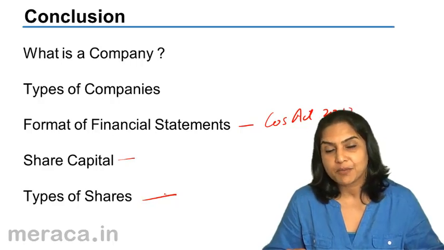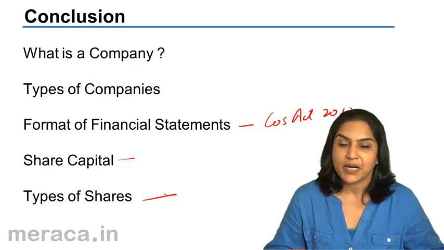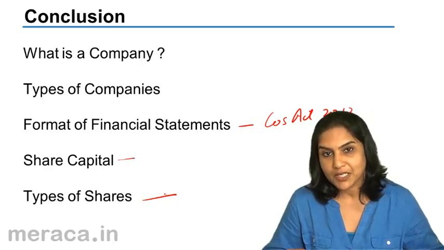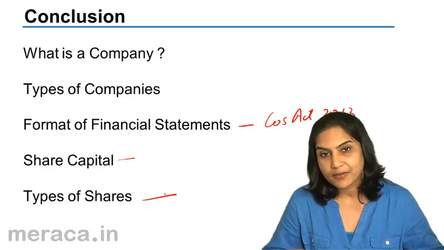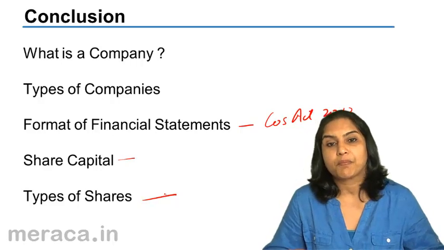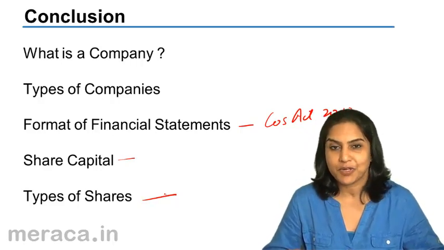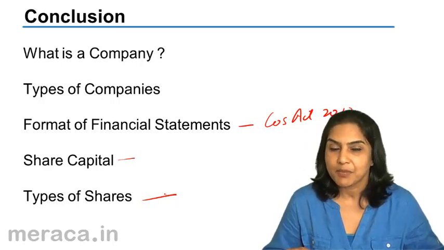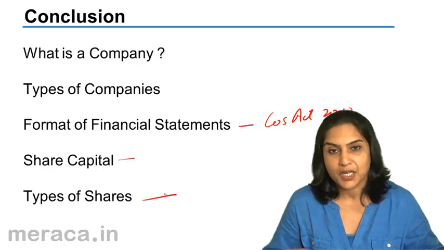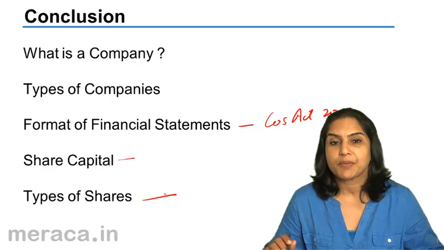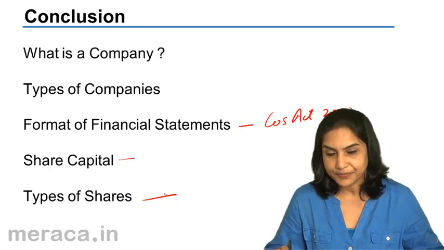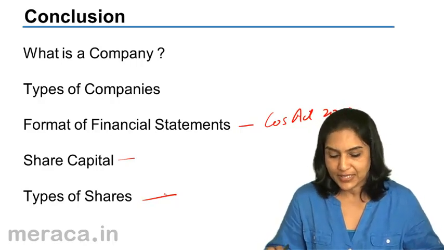They may be convertible or non-convertible. They may be participating or non-participating. However, usually preference shares are cumulative and non-participating, and they must be redeemable because irredeemable preference shares cannot be issued. Preference shares must be redeemed within a maximum period of 20 years.